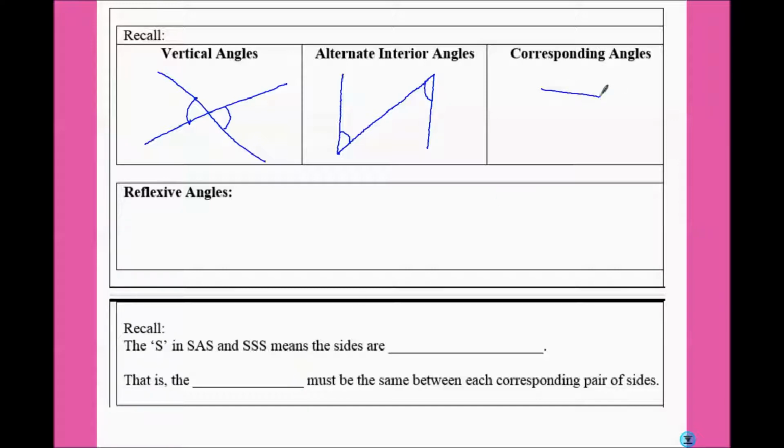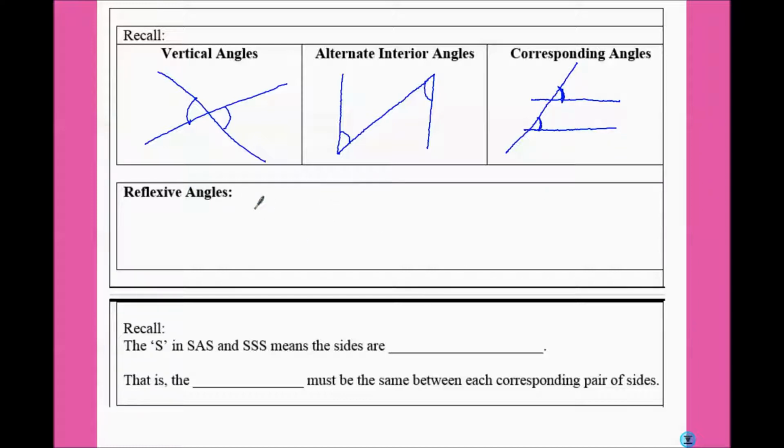If we have two parallel lines and a line that crosses them, the corresponding angles are congruent.